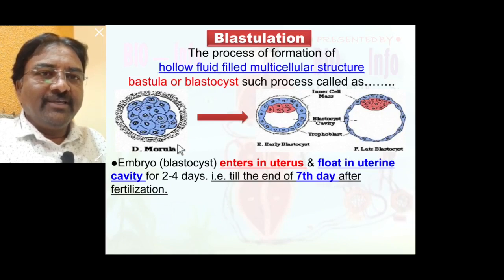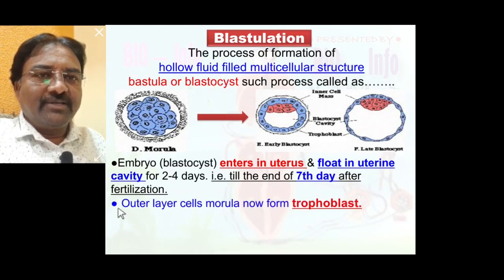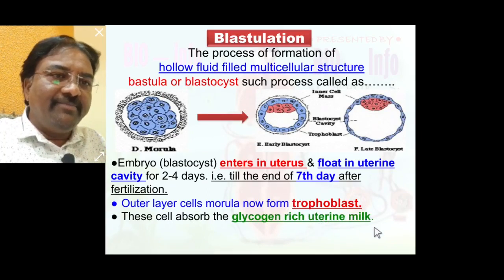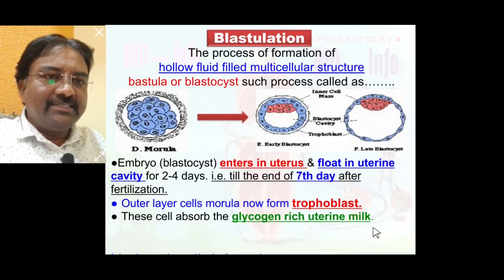Here the morula has been converted into the blastula or blastocyst. The outer layer cells of the morula now form the trophoblast in the blastocyst. These cells absorb glycogen-rich uterine milk in the uterus.